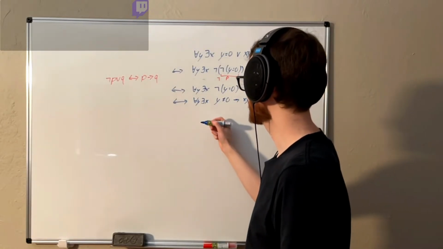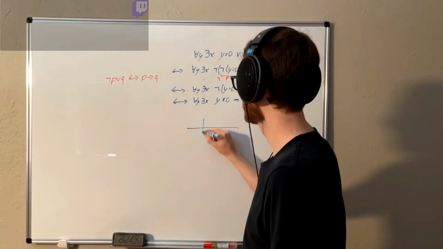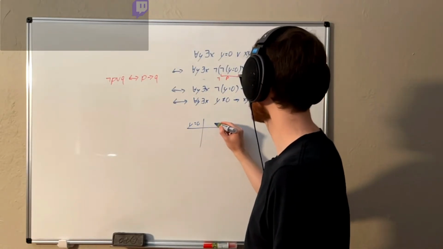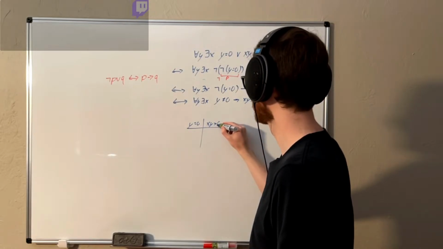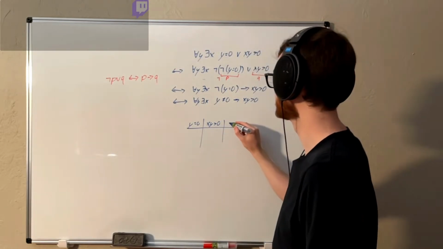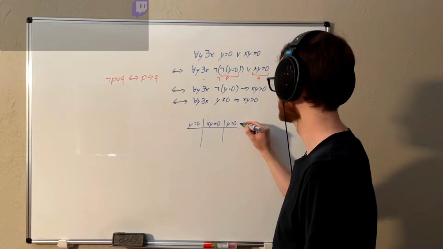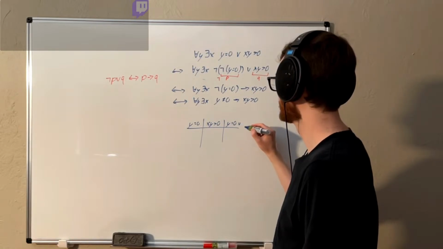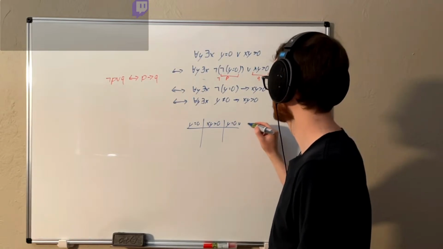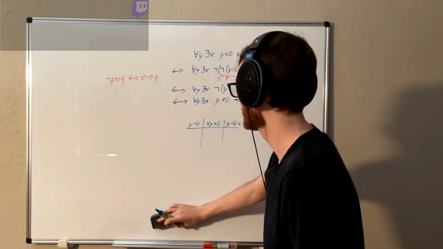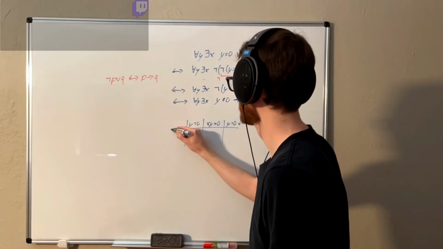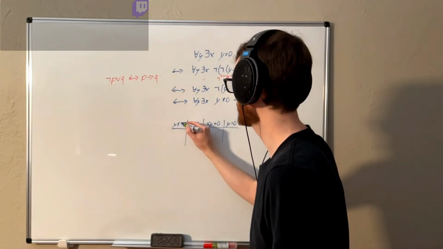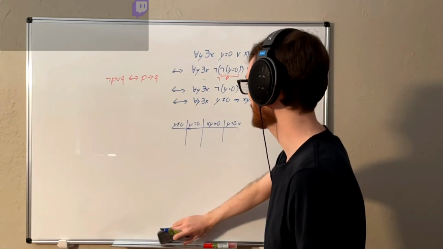But I'm imagining you could do a truth table like this. We need a good couple of columns here.